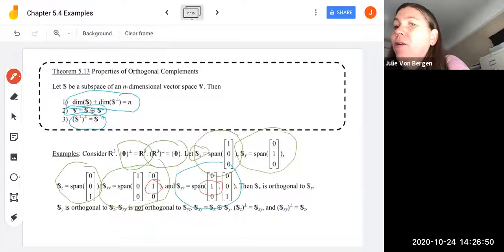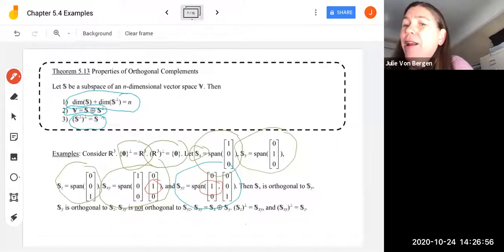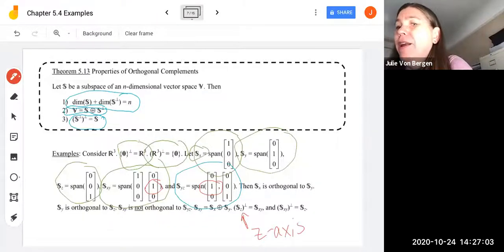And then S sub z complement, S sub z is now just the z-axis. The orthogonal complement to the z-axis is going to be the xy plane, because the xy plane will always be perpendicular to the z-axis. And similarly, the orthogonal complement to the xy plane is the z-axis, because that line through z is always going to be perpendicular to the xy plane.